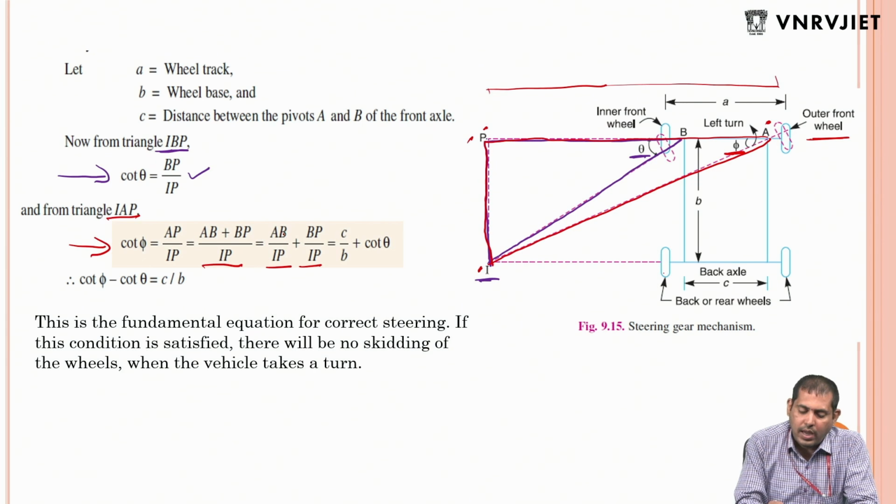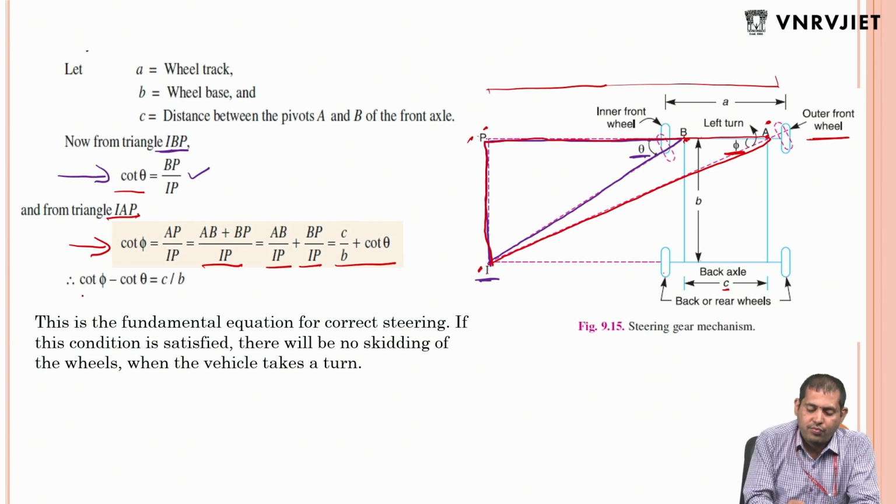Now AB, which we know, is the distance between the two pivot points, C, and IP is B, the distance between the two axles. So C by B plus cot theta, where BP by IP is equal to cot theta.